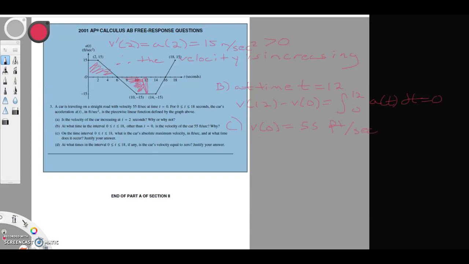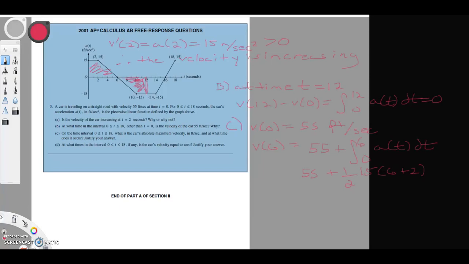And then v of 6 is going to equal 55 plus the integral from 0 to 6 of a of t dt, which is equal to 55 plus 1/2 times the height, 15, times 6 plus 2, which is 8.